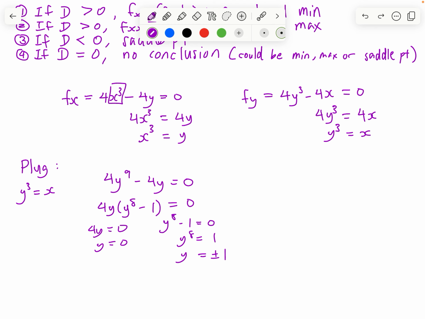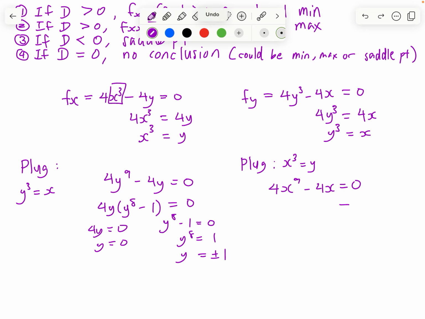On the other hand, we can try plugging it now into this function. So this time we want to plug x cubed equals to y into this. And we have a similar thing here, except it's in terms of x. So it would be 4x to the power of 9 minus 4x equals to 0.